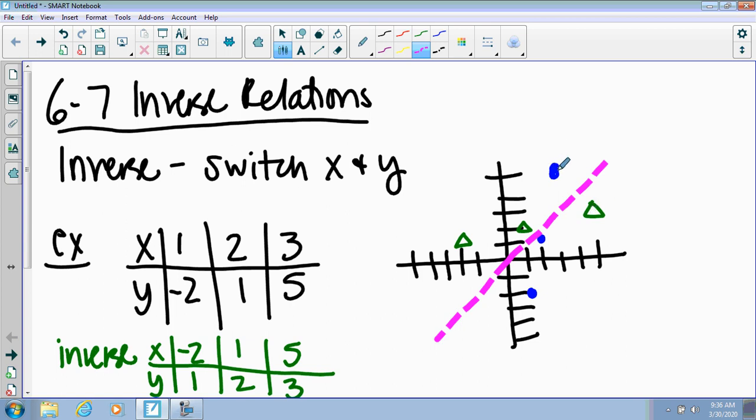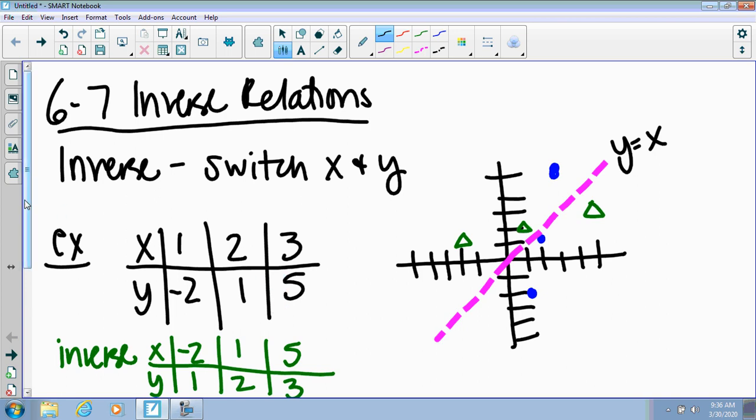So this 3, 5 matches with the 5, 3, the 1, 2 with the 2, 1, and the -2, 1 with the 1, -2. So the equation of this line is the line y equals x, and all inverses will reflect over that line. So once you know one, you can just match it up to the other side. So that's if you're graphing them or you're just switching ordered pairs.